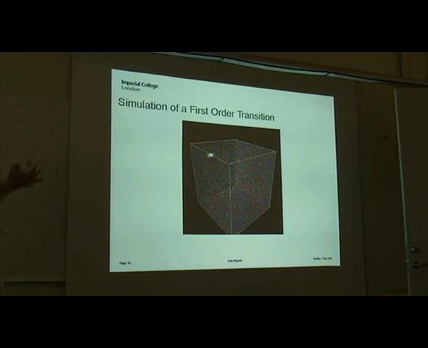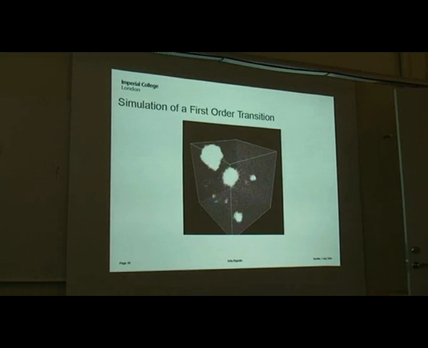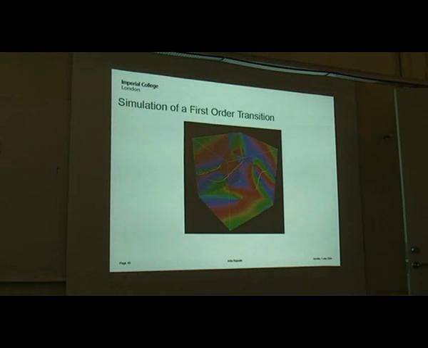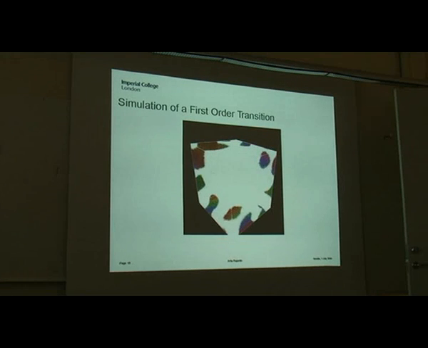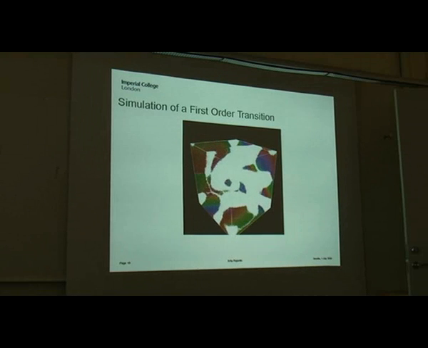We start in the symmetric phase with some temperature. The white is broken phase, and you can see how the bubble starts to grow, and there are more bubbles nucleating. Eventually they fill the whole space. Then I switch. Now the bubbles are colored, and the symmetric phase is white.